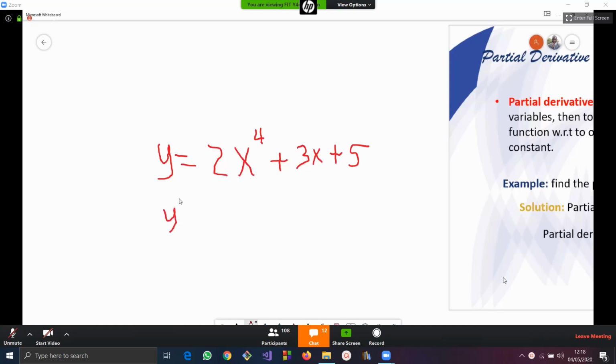This is easy. So y prime is equal to... This one you don't even need to calculate. We already know. Power 4. We will use the power rule. So what do I write?